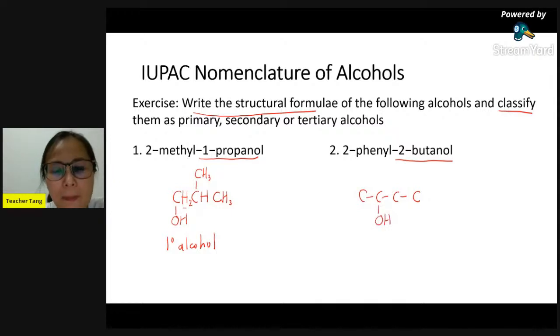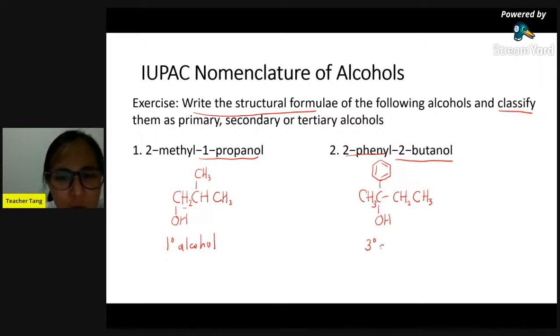On carbon number 2 you also have the phenyl substituent. Then put in the hydrogens. This is CH3, CH2, so already 4 carbons, and this one CH3. Look at the reference carbon: no hydrogen attached to it, which means 3 alkyl groups. So this is a tertiary alcohol.